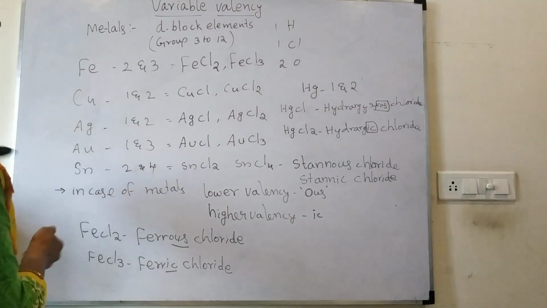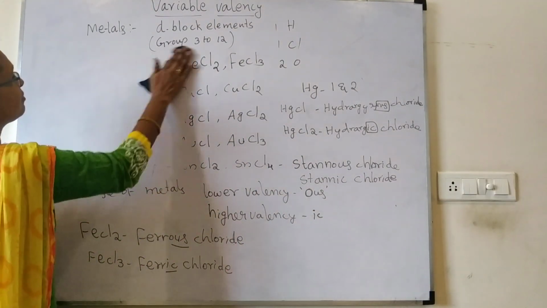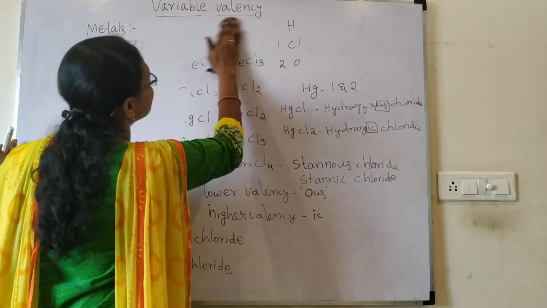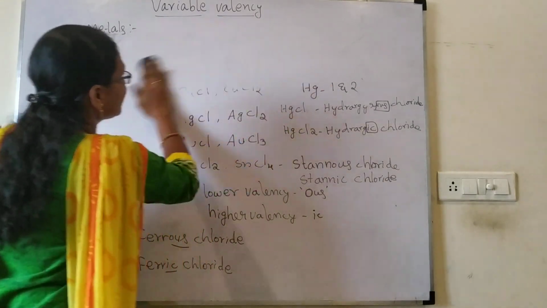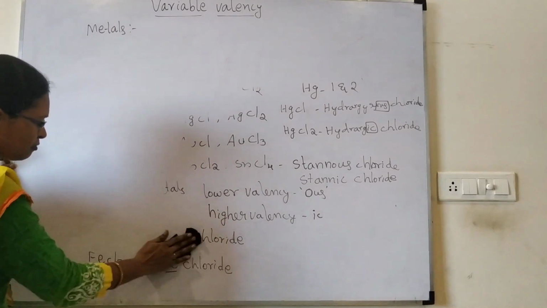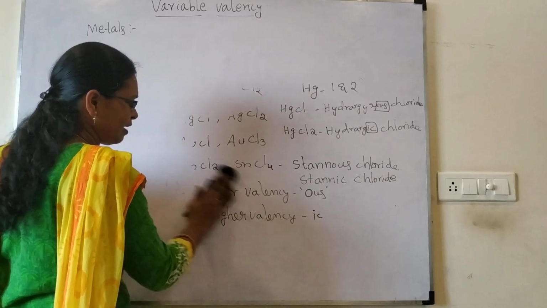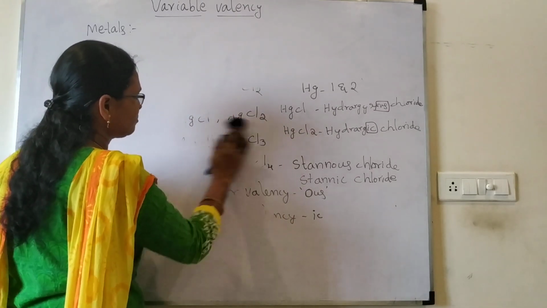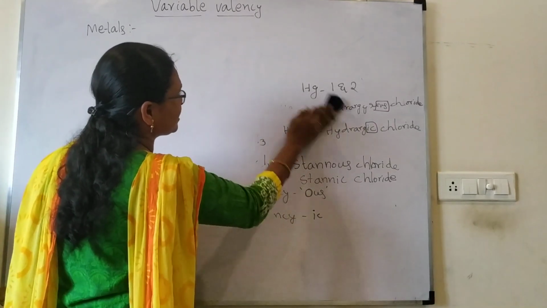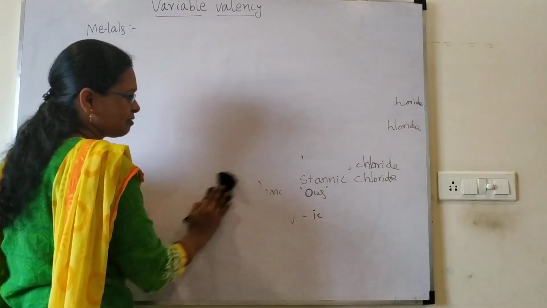And then what about the non-metals? Is there any variable valency of non-metals? Yes, we have a variable valency of non-metals, especially only two non-metallic elements. Non-metals usually have 4, 5, 6 or 7 valence electrons, and when it comes to the valency we will find 8 minus 5, 8 minus 6, 8 minus 7, 8 minus 8, like that. 3, 2, 1, 0 we will say the valencies.